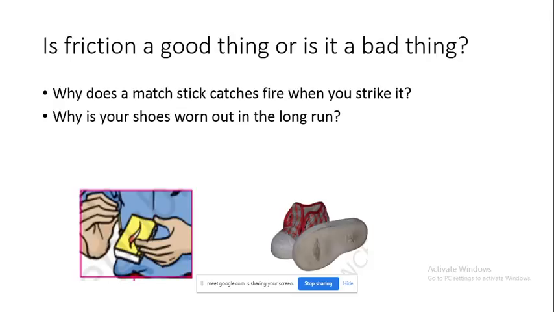Can you unmute? Yes, sir. So you told me it's a bad thing. Can you give me an example of why you are saying it is a bad thing? Because if we slip on a banana peel, we'll fall and we'll get hurt.